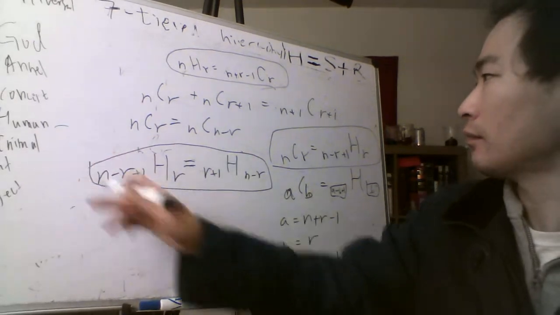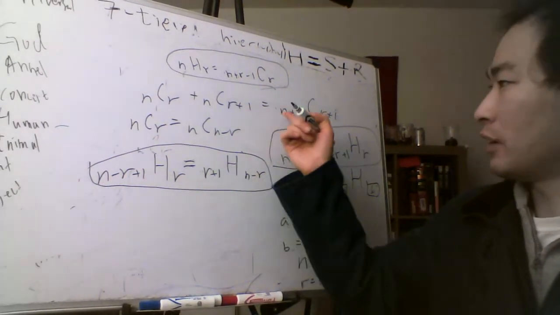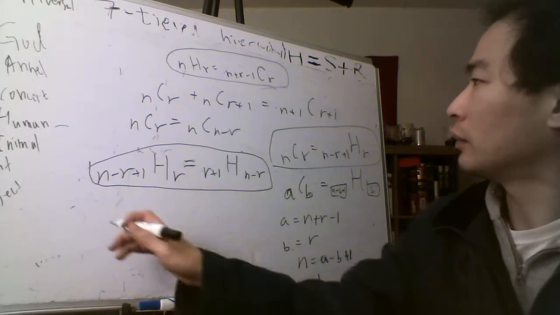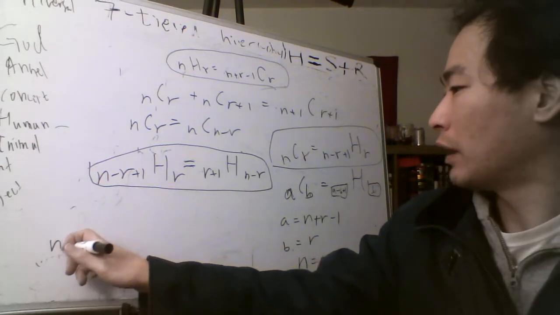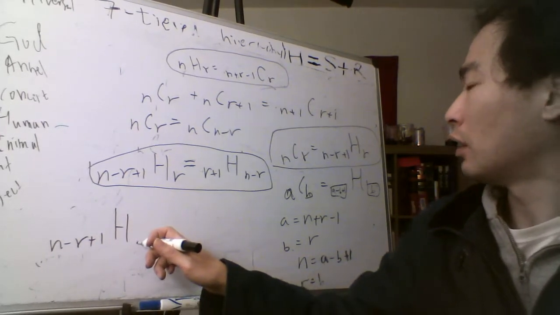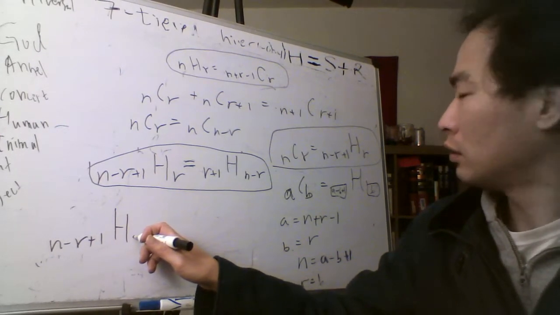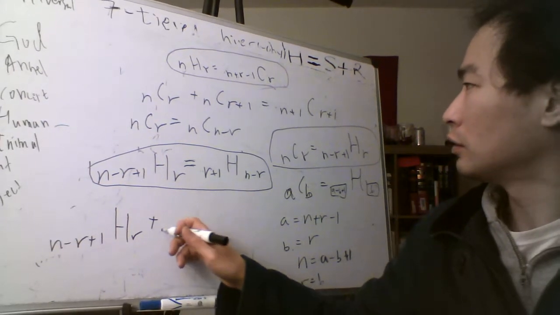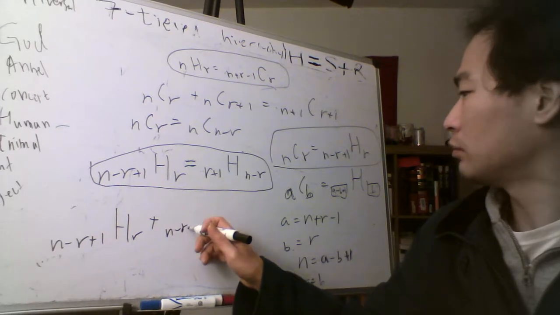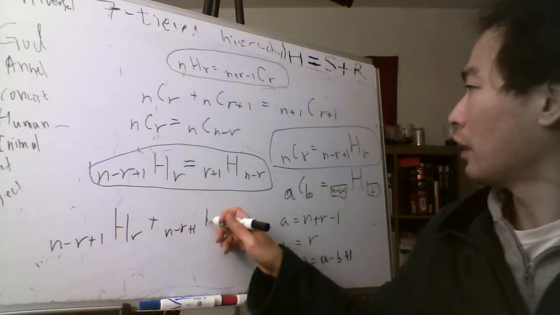Okay? And let's go upstairs now. The Pascal's triangle. Okay. So n minus r plus 1 h r plus n minus r plus 1 h.